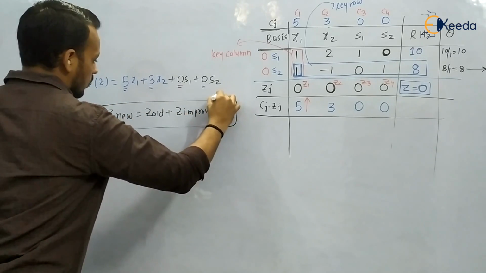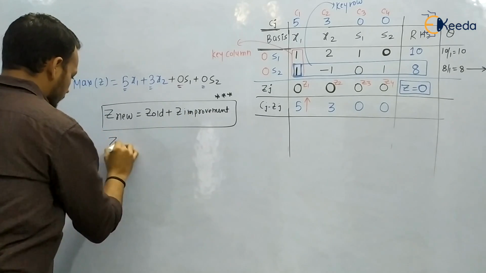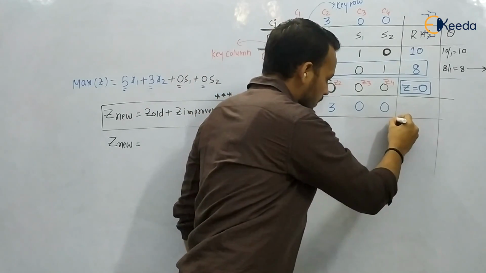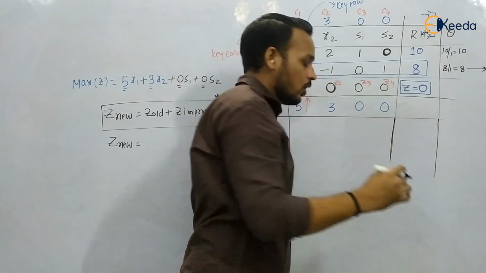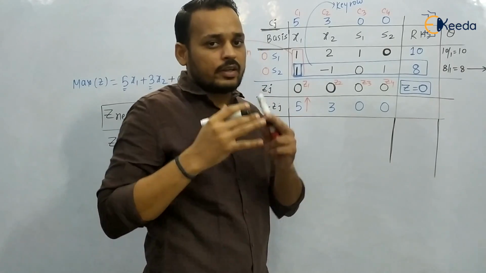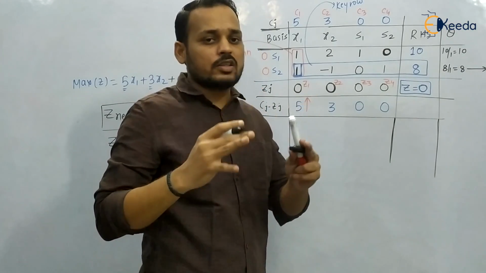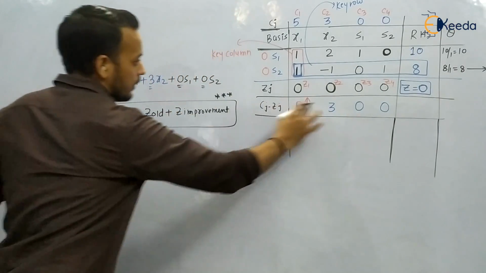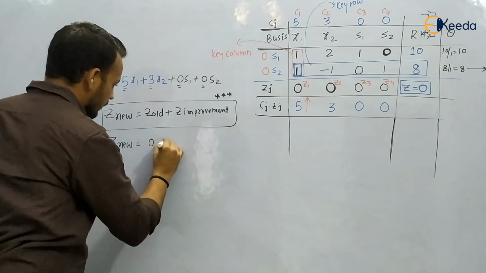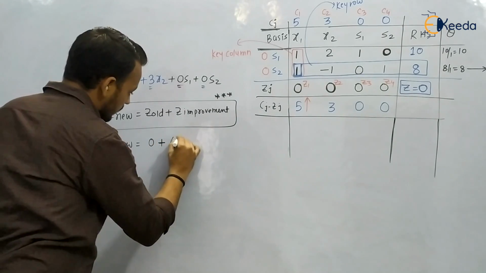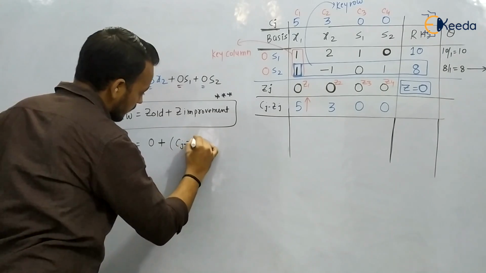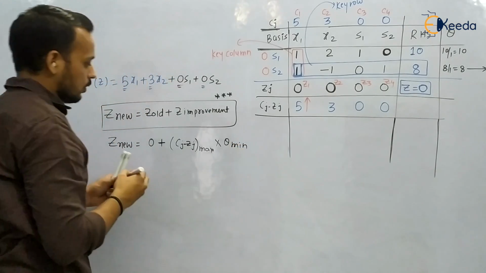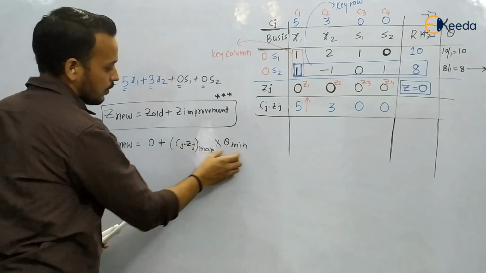They are asking for Z new, the Z in the next iteration, and we always know that the simplex method improves the value of the objective function in each iteration. So Z old is given, that is 0, and Z improvement is the maximum Cj minus Zj value into the minimum theta value.